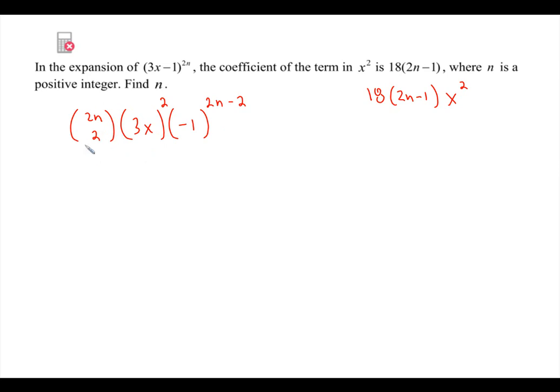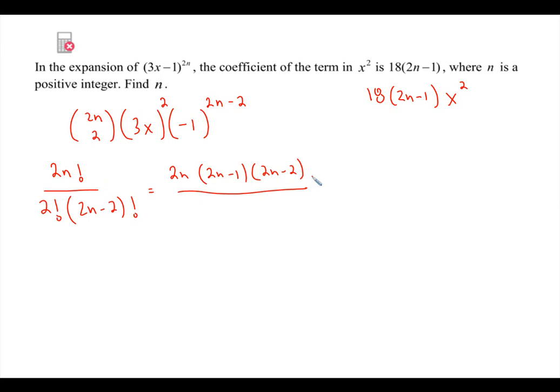So now let's calculate this binomial coefficient. We have 2n factorial divided by 2 factorial times 2n minus 2 factorial. So let's expand this out. This is 2n, then it'll be 2n minus 1, then it'll be 2n minus 2, and so on.